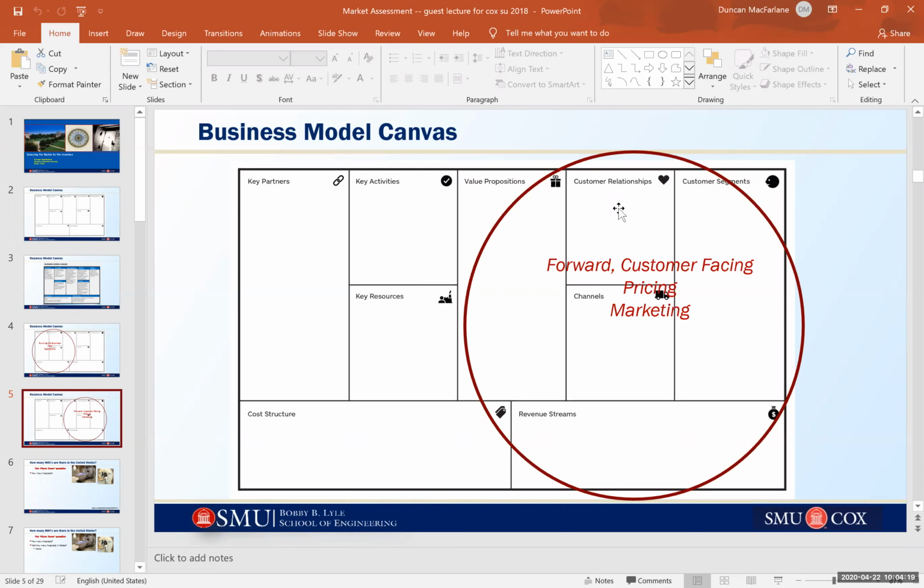Is it through handshakes? Well, that's hard these days. Is it through a supermarket or a drugstore? How do you interact with them through your channels? And how well do you know them? And then the centerpiece of all of this is what they call a value proposition.